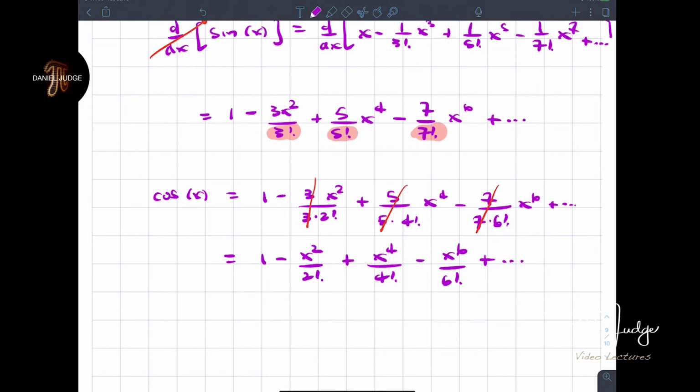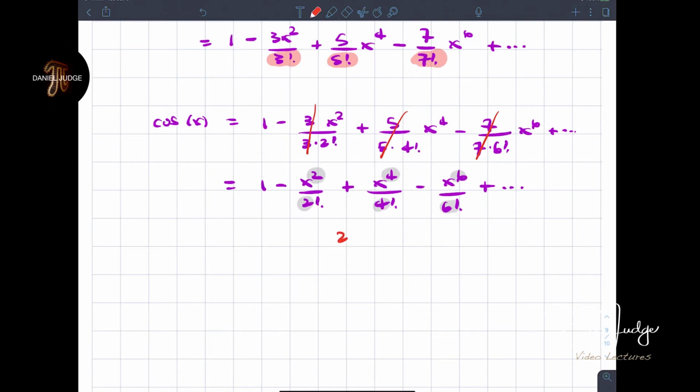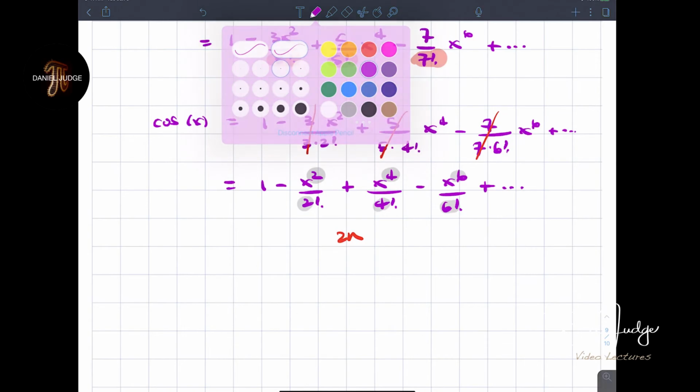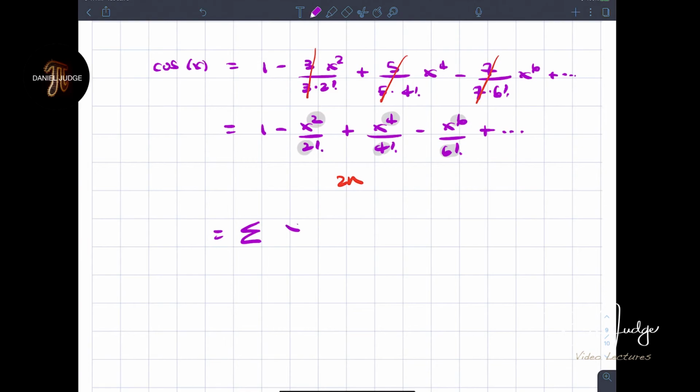Now remember what you're looking at here. 2 and 2 factorial, 4, 4 factorial, 6. These are even numbers. The powers are even, the factorials are even. We represent even by 2n. So when we write this here, we can say x to the 2n over 2n factorial, and we can start again where n is 0 to infinity.